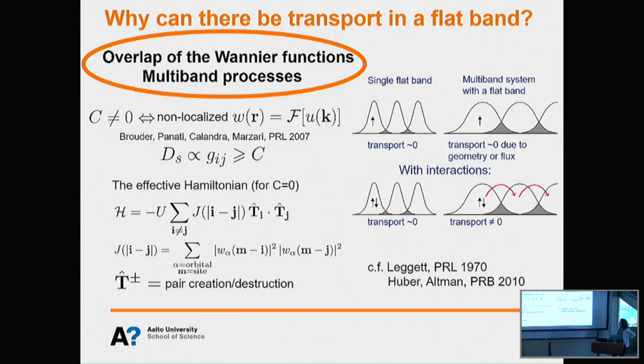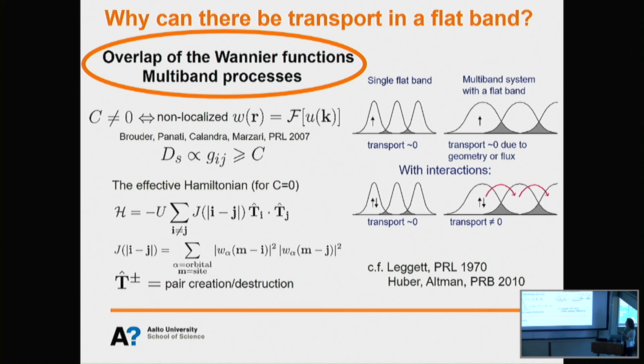And then in this work where we derived the effective Hamiltonian, we could end up with this kind of spin Hamiltonian, where these are pair creations at the different sites. And you can see that the pairs can hop if this tunneling matrix element is non-zero, and that turns out to be exactly this overlap between Wannier functions.